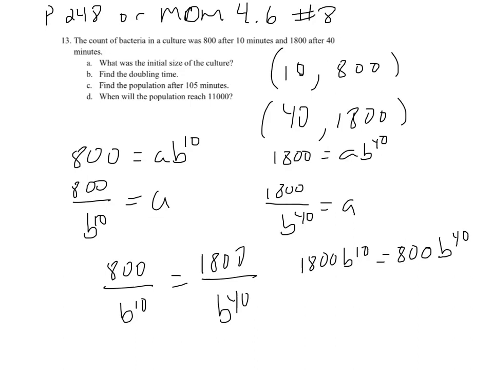There's a lot of ways to tackle it. I think what I'm going to do is set it equal to 0. Then get a GCF of, I don't know, 200 B to the 10th.